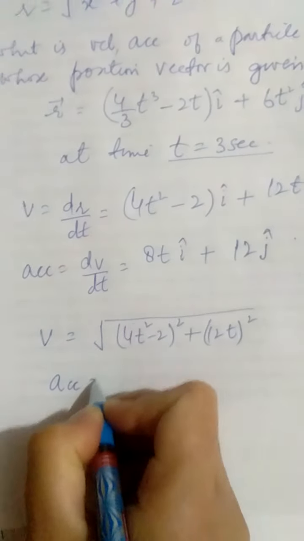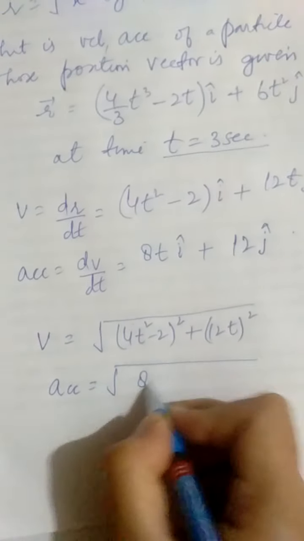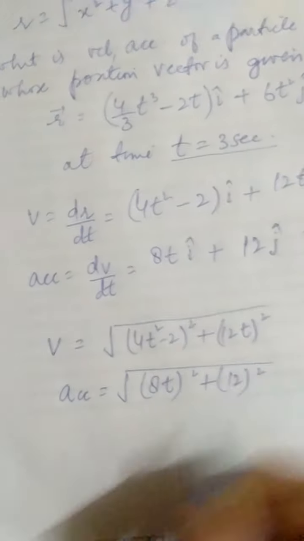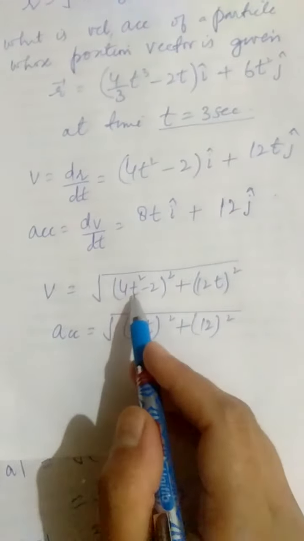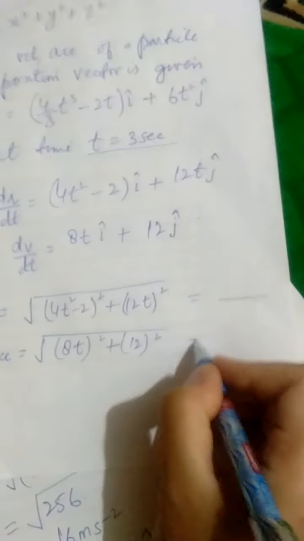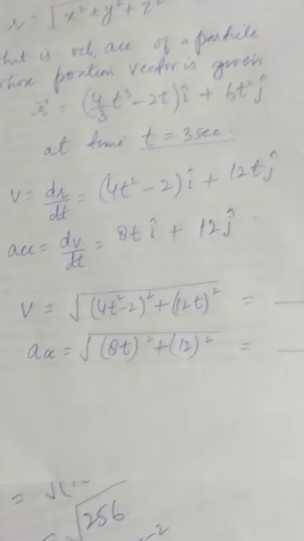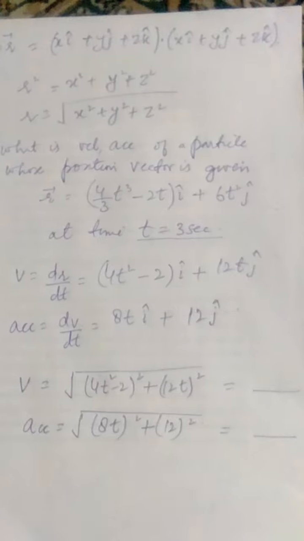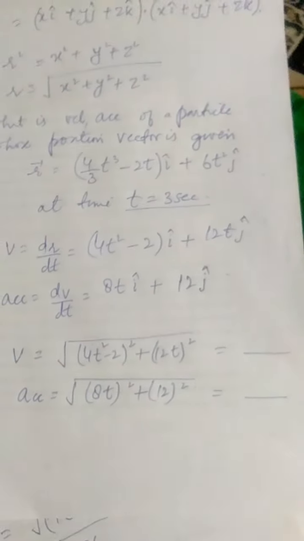And acceleration, it is how much? It is the square root of (8t) square plus 12 square, right? So once you solve it, you also put the value of t, how much? 3 seconds, and whatever is the answer, that is the resultant value, right? So this is how you are going to solve such kind of numerical problems, and that gives you a basic idea of Cartesian coordinate system. So that's all.